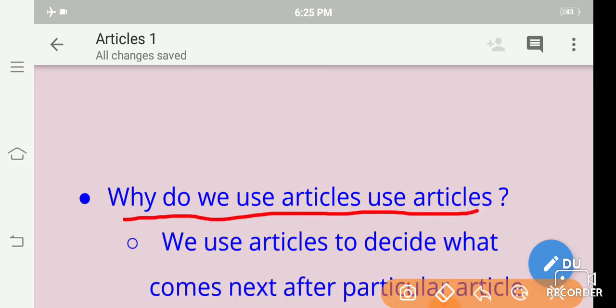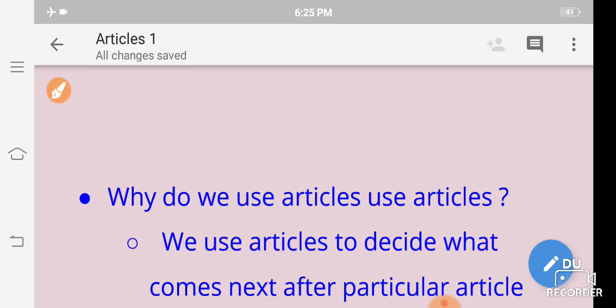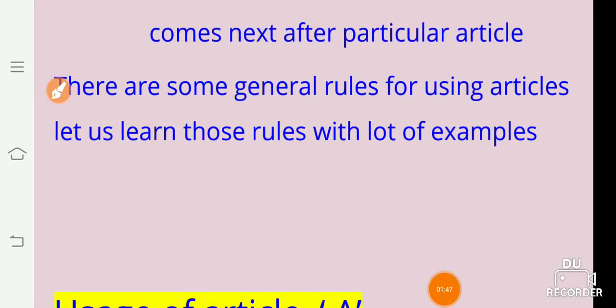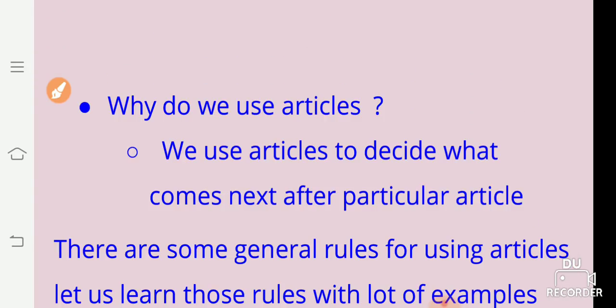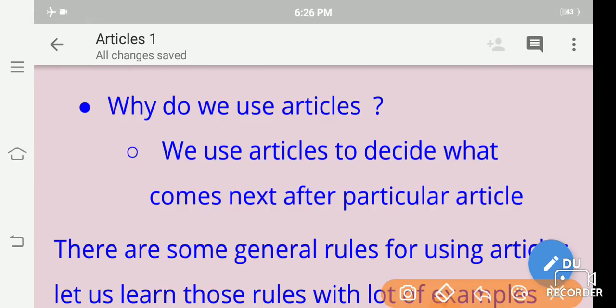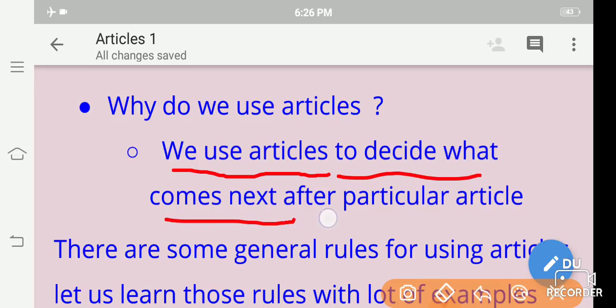Let us try to answer this question. Why do we use articles? Or what is the importance of using articles in the English language? So here is the answer. We use articles to decide what comes next after a particular article.